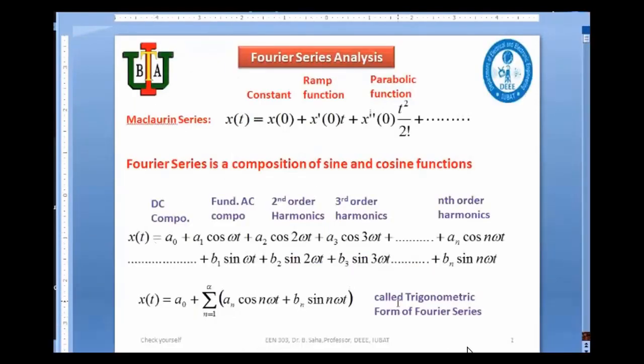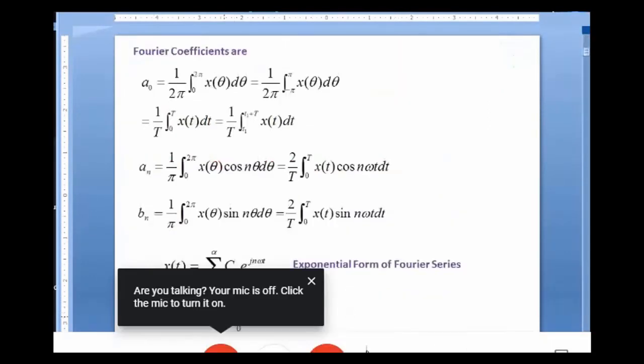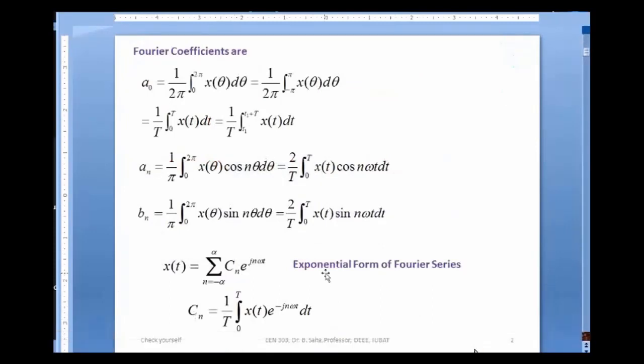The previous one is called the trigonometric form of Fourier series, and this slide one is called the exponential form of Fourier series. Actually, e to the power j n omega t equals cos n omega t plus j sin n omega t. Understand?